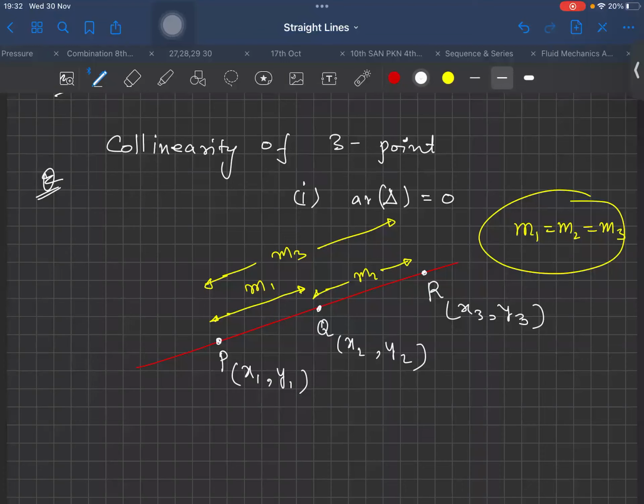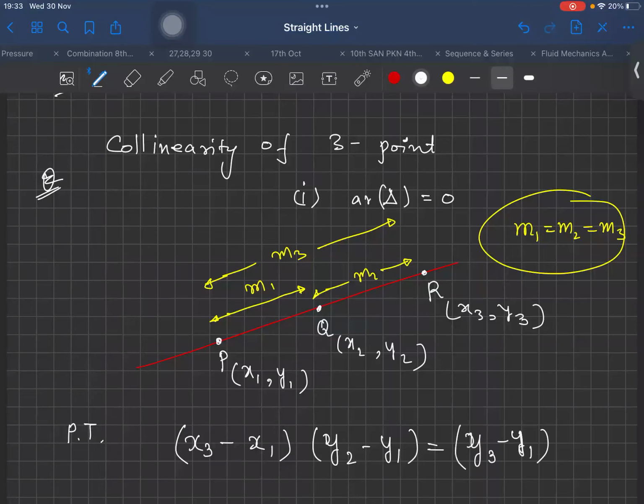Prove that x3 minus x1 into y2 minus y1 is equal to y3 minus y1 into x2 minus x1.